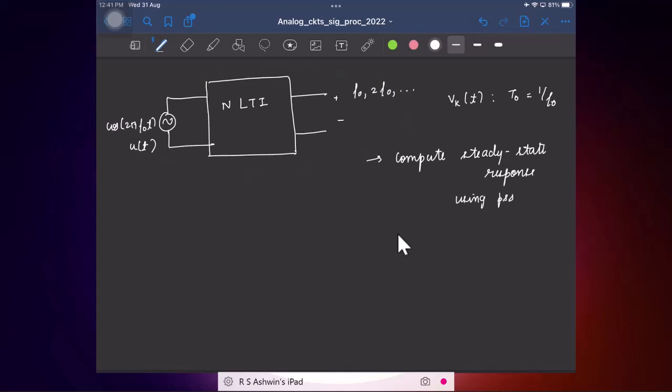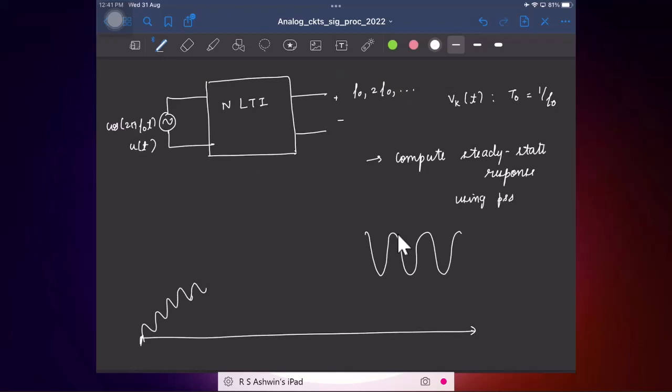Is that clear? Because let us say you try to solve for all time instances using a normal transient analysis, your steady state response might be this. Let's say it attained a steady state, but from t equal to 0 it might do something else, right? And then it might take a long time and then settle. So if you have to run a normal transient analysis, you will have to run till this much time to see what the steady state is.